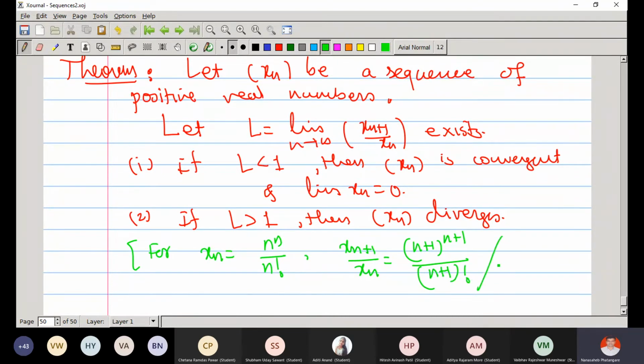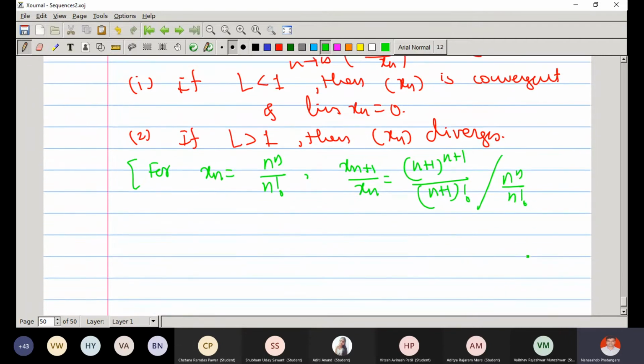What is xn? Can you see the green color? Whatever I have written in green color, can you see it? Yes, sir. Okay. Now simplify this.